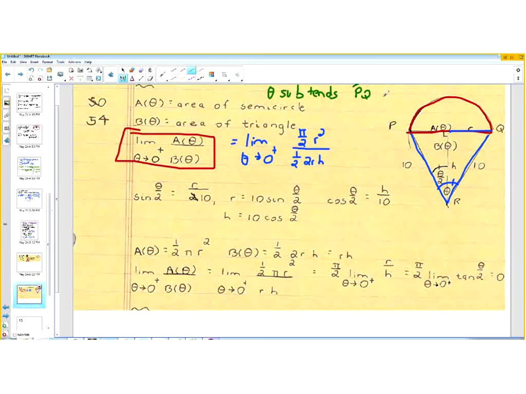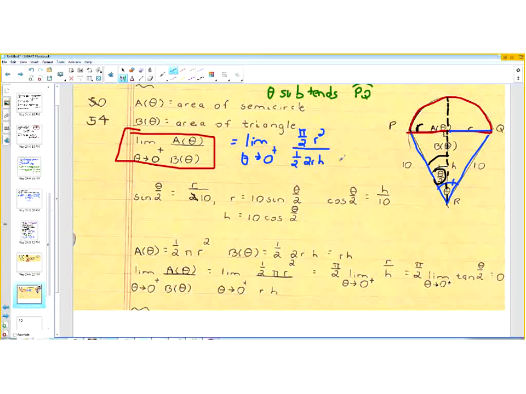And so if we were to draw a bisector for angle theta, like so, we now have this angle being theta over 2, and we have r on, and we basically split the diameter of the semicircle into 2r like this.